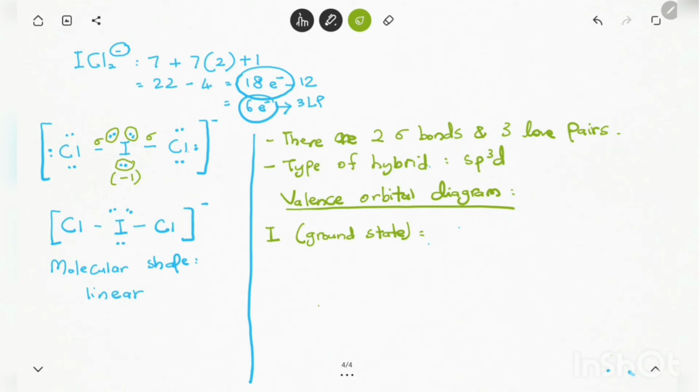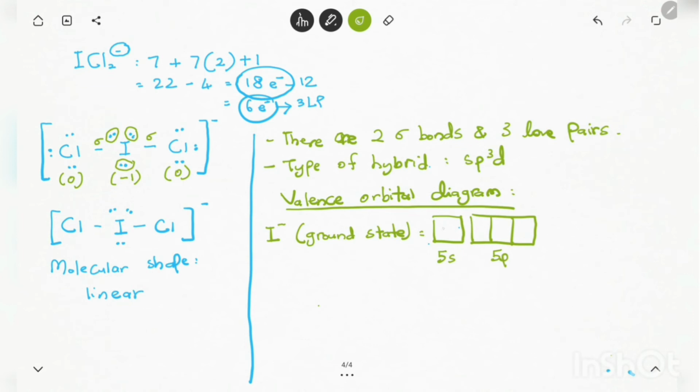For chlorine, 7 valence electrons minus 1, 2, 3, 4, 5, 6, 7, so 7 minus 7, 0. So the negative charge for ICl2 minus is actually on iodine, the central atom, -1. To draw the valence orbital diagram, iodine here should be I minus. The valence electrons for iodine are in 5s and 5p.